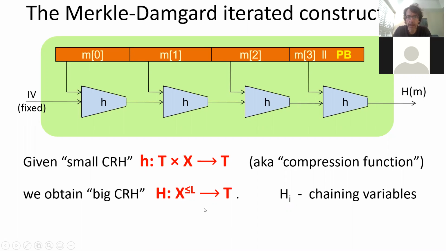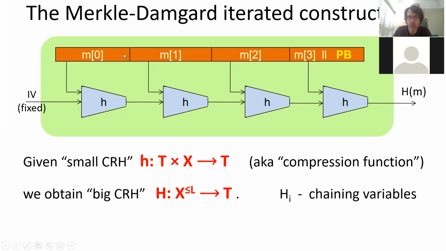There is up to some limit, as usual, but this is polynomial and can be set essentially arbitrarily large. You can take any string that has up to that many blocks of this size, and now this construction gives you a collision resistant hash on the same target space, so 256 bits in the case of SHA-256.